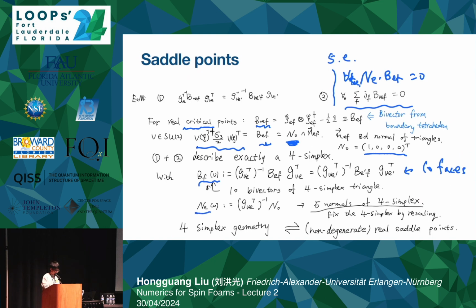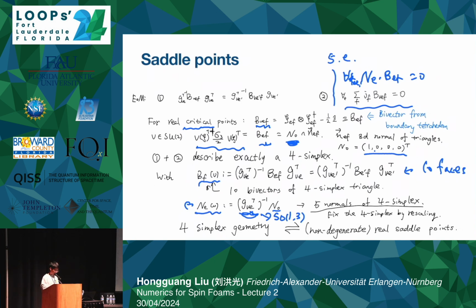So we have the 5 normals of the tetrahedra. As we said in the first slides, if you still remember, a 4 simplex can be given by 5 normals. And we glue the normals, we get a 4 simplex. And these 5 normals are given by the rotation, this is SO(3,1), sorry, SO(1,3) is the same, acting on n0, which is pointing in the time direction.